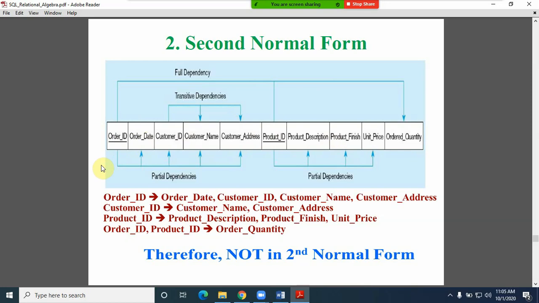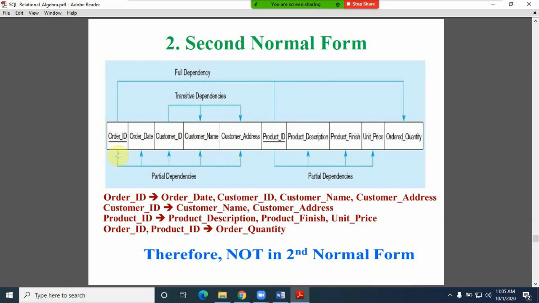Composite primary key. Now, out of this information, if you observe order ID, order date, customer ID, customer name, customer address, all are partially dependent on this order ID. Without observing the product ID information, one can observe the order date, customer ID, customer name, customer address from the order ID alone, which is a partial dependency.